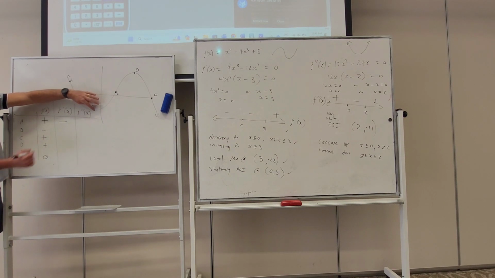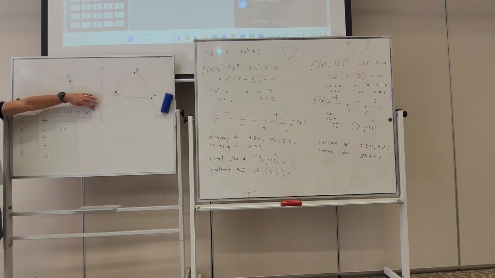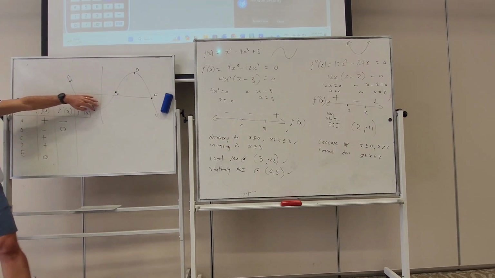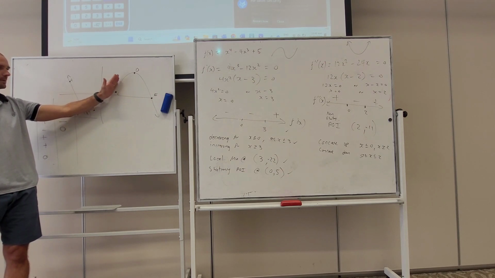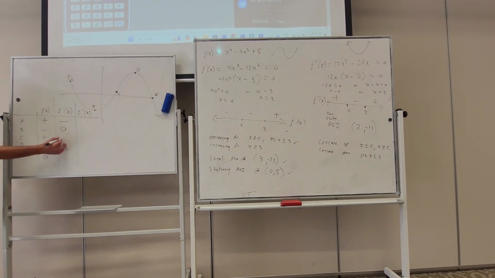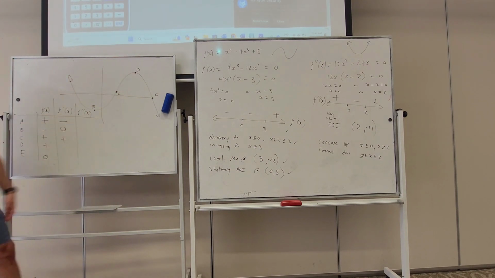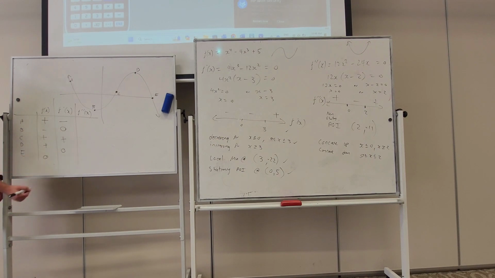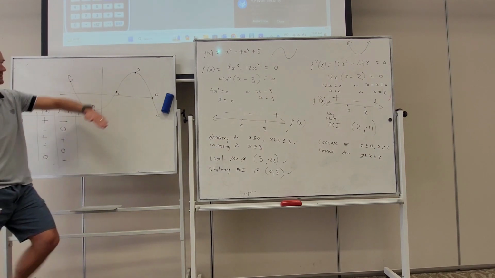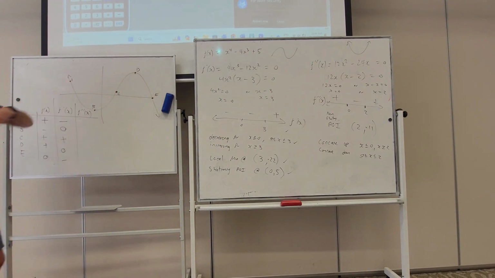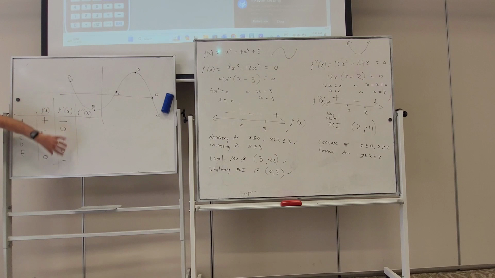The slope is 0 at point B. At point C, the slope is positive. At point D, you're not increasing, you're not decreasing, the slope is 0. And at point E, the slope is negative. Okay, is that clear? Yep, just talking about whether you're increasing or decreasing at that point. That's what the first derivative tells you.